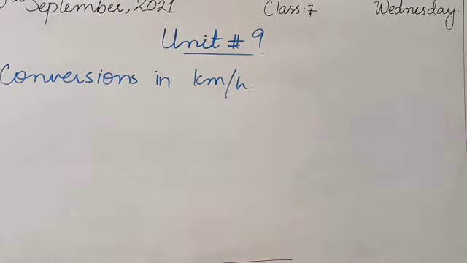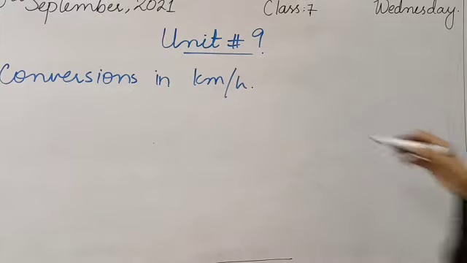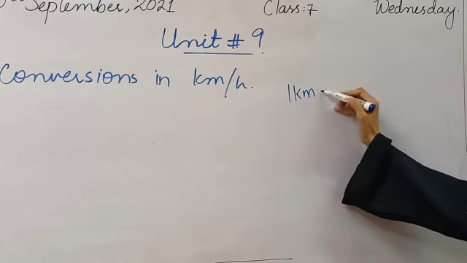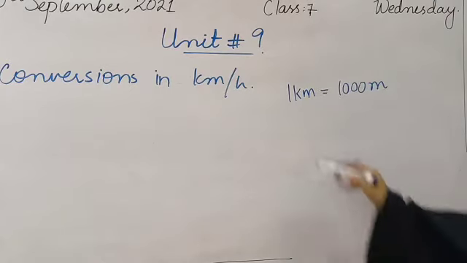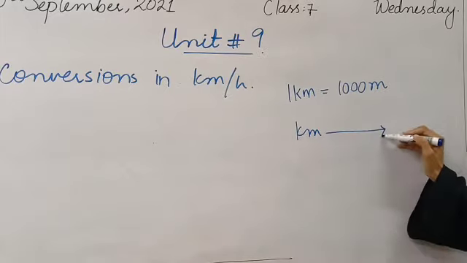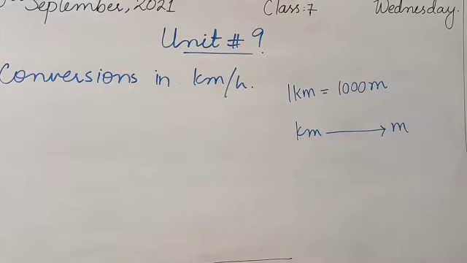It's very important to know the conversion, whether we will multiply or divide in the given, and what the conversion factor is, so that we'll easily be able to convert and then solve. So let's recall the conversions. First is kilometer. 1 kilometer is equal to 1000 meter. If we want to convert kilometer into meter, what will we do?